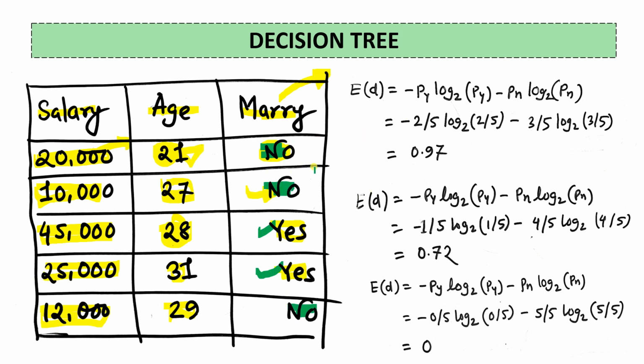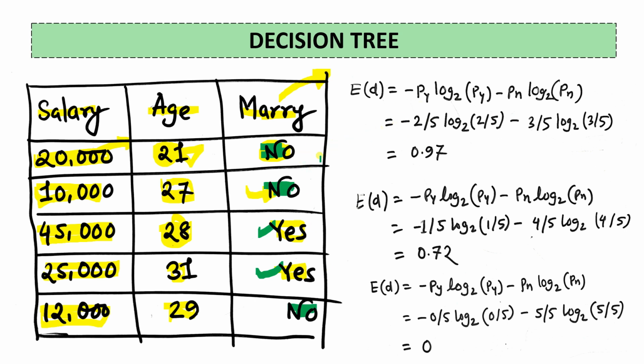So how can you calculate the entropy for that? Minus Py, where y is the yes, log to base 2 of Py, minus Pn log to base 2 of Pn. We simply calculate Pn by dividing by the total number of scenarios, or total number of classes in our data set in the form of rows.